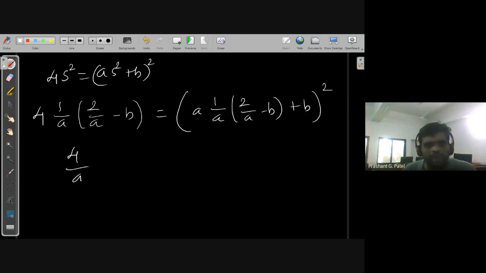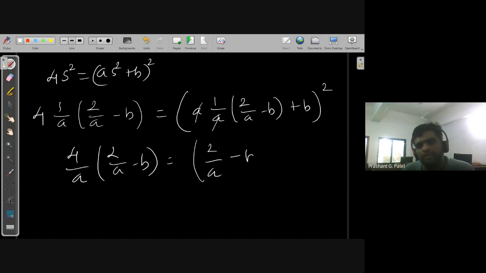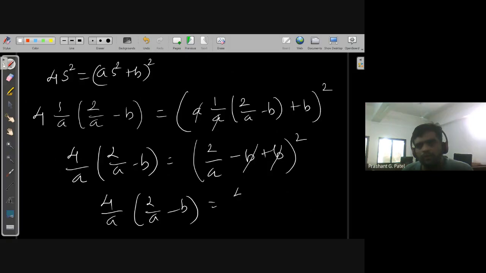So it is 4 by a into 2 by a minus b equal to, this a will get cancelled. So inside we'll have 2 by a minus b plus b whole square. This b is also cancelled. So finally it is 4 by a into 2 by a minus b is equal to 4 upon a square. 4 will get cancelled, a will get cancelled.